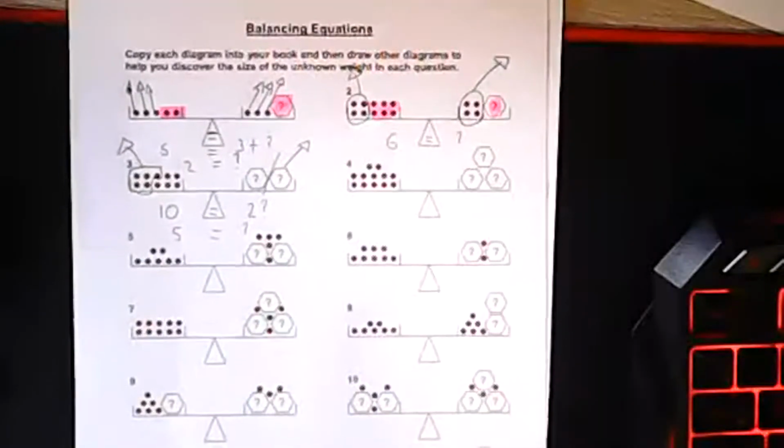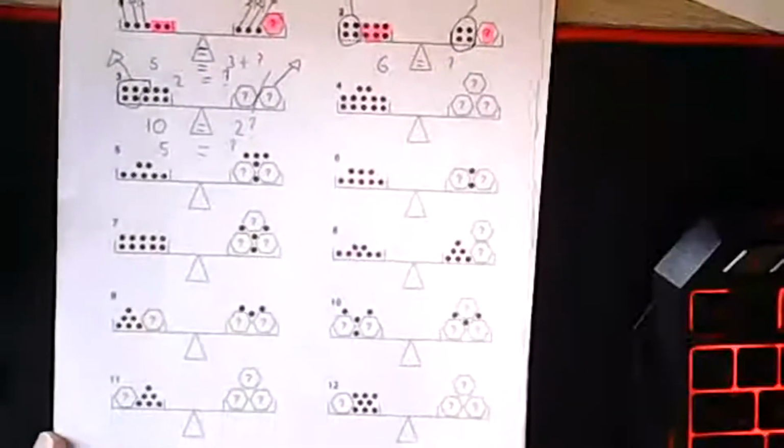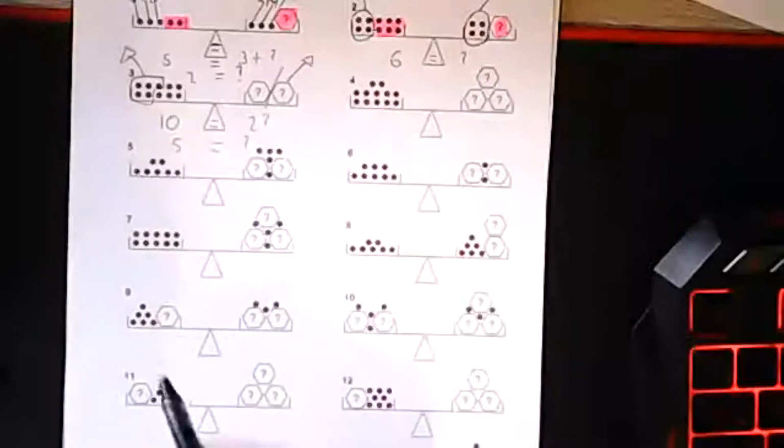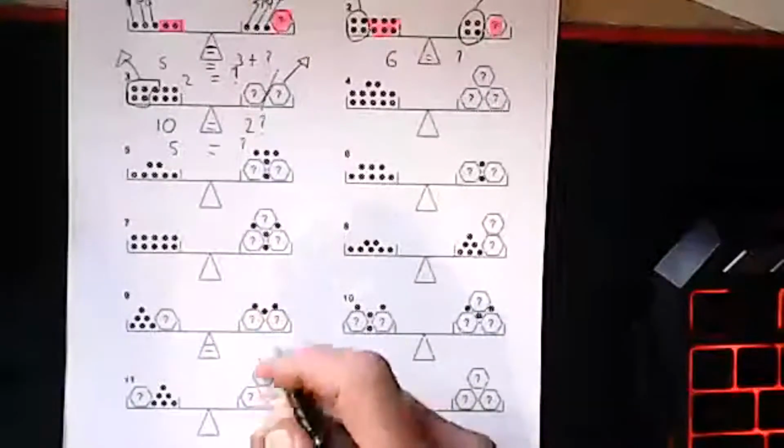Now I'm just going to whittle down a bit further to one of the more difficult ones. So this number 9 here is a good one to have a quick look at. This is a 2-step equation, so we've got to do certain things in order.